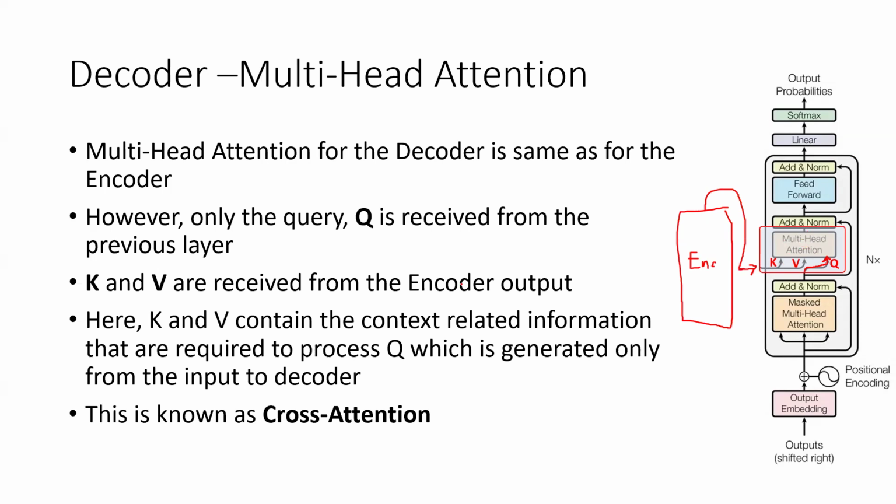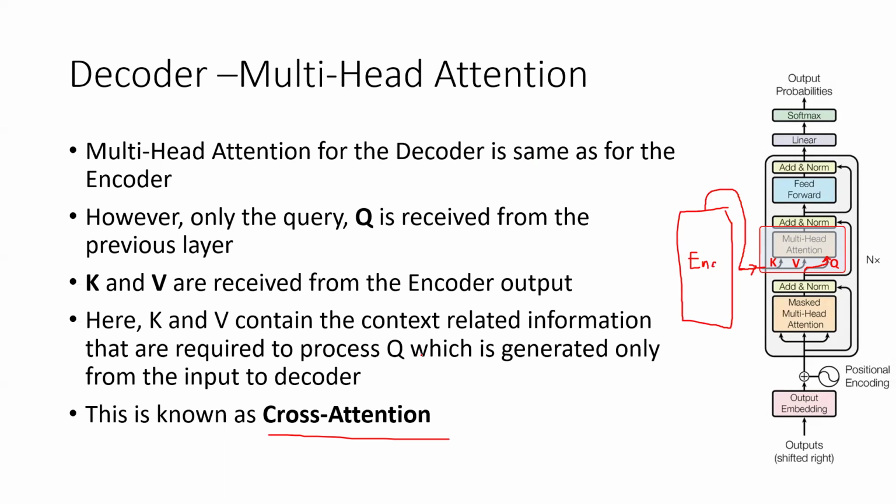That is the difference between the multi-head attention in encoder and decoder. And this multi-head attention is known as cross attention, because K and V are from one input, and the query is from a different input.